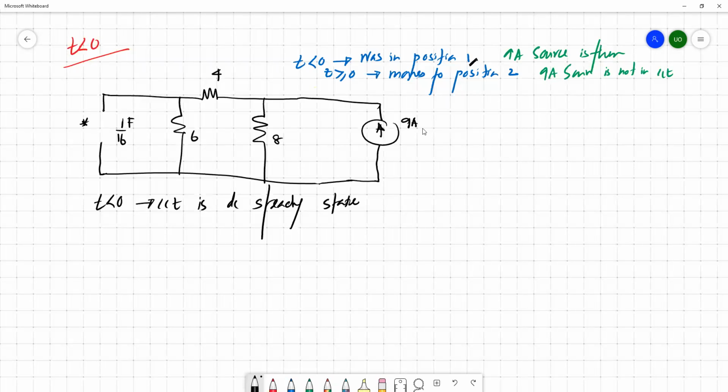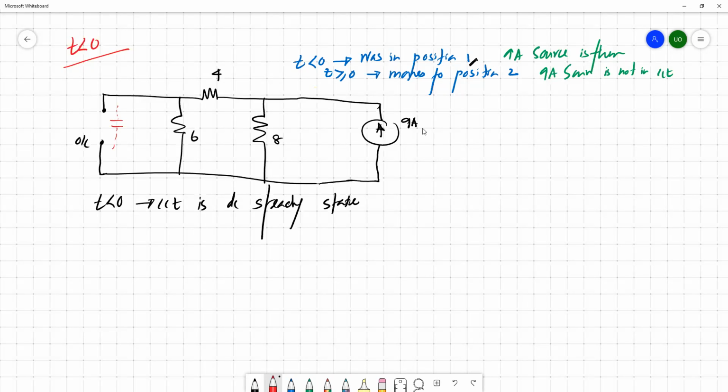Okay, so now we'll replace it with an open circuit element. But keep in mind, there is a capacitor here. If it is in DC steady state, we can argue that this capacitor acts as an open circuit element. That's why we replace this capacitor with an open circuit element, but there's a capacitor here.